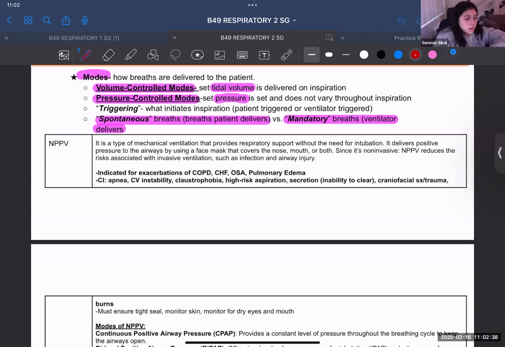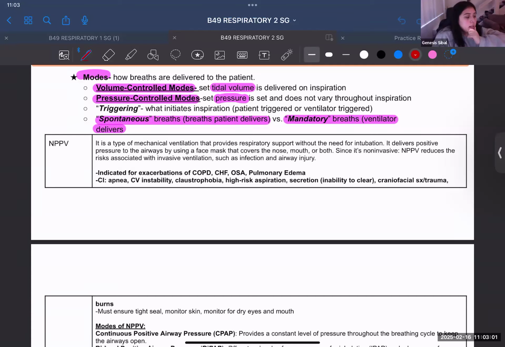With triggering, that's where I feel like people get confused, with the triggering and the breaths that the patient delivers. Triggering is when the vent triggers the patient to breathe. If it says trigger, the vent is making the patient breathe for them.